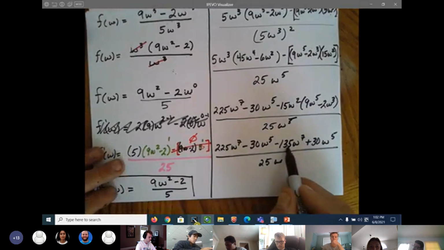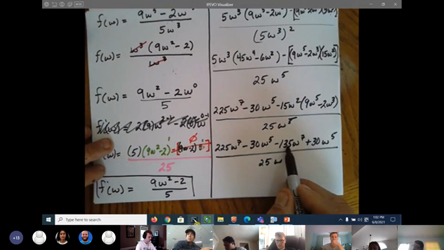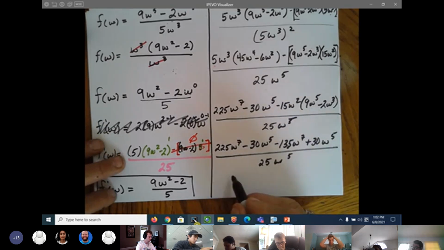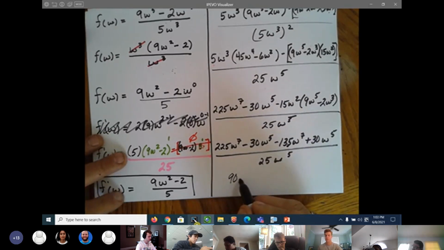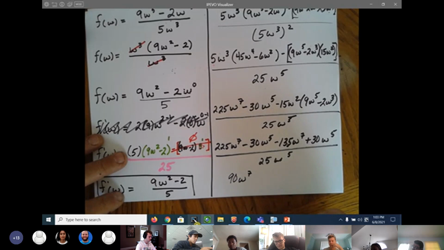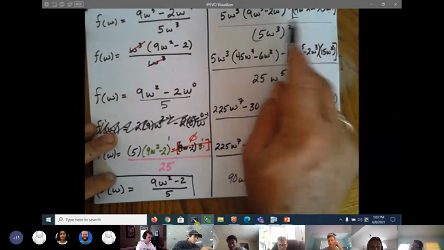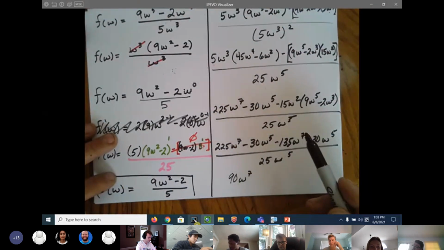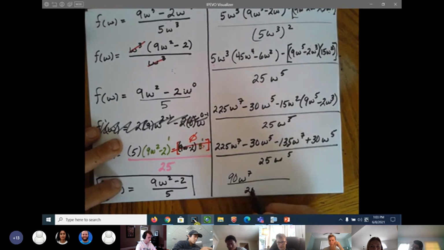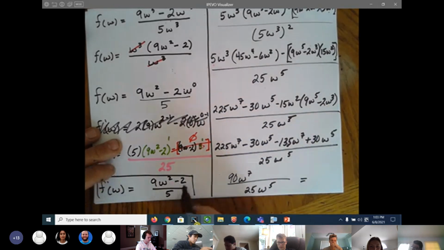What is 225 minus 135? Somebody help me out. 90. Is it 90? W to the 7th. And the 30s cancel, don't they? Oh gosh, we got something wrong. We're not coming out with the same answer. We dropped something somewhere up here, over 25w to the 5th, and we've got a constant.